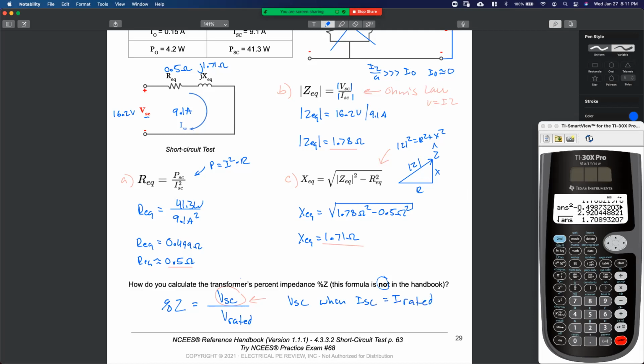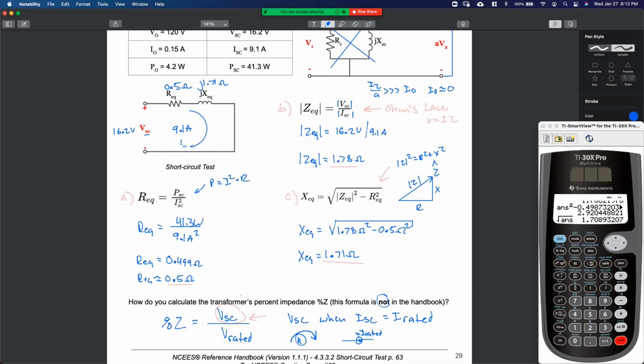In other words, you apply a voltage, you take that dial and you slowly crank it up, right? Your voltage, and you stop as soon as your amp meter measures the rated current on that leg. Whatever that voltage is, you divide it by the rated voltage on that side. That's how you calculate your percent impedance.